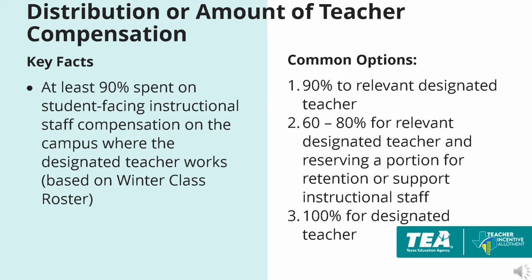Some common options that we see include 90% of the allotment going to the designated teacher that generated the allotment, 60 to 80% for relevant designated teachers, and reserving a portion for retention or for supports instructional staff, or 100% going to the designated teacher.